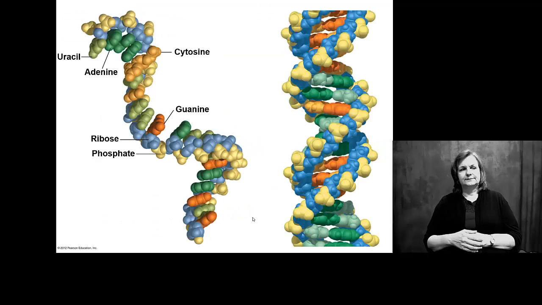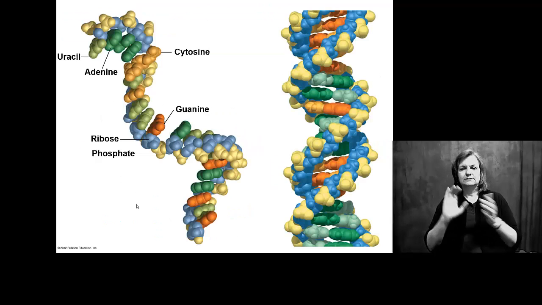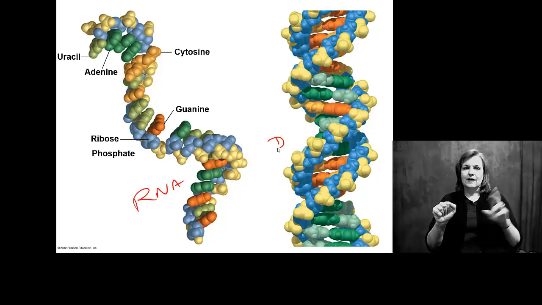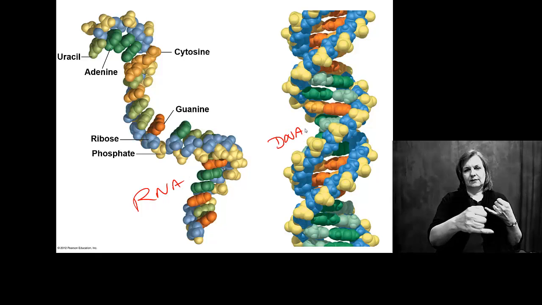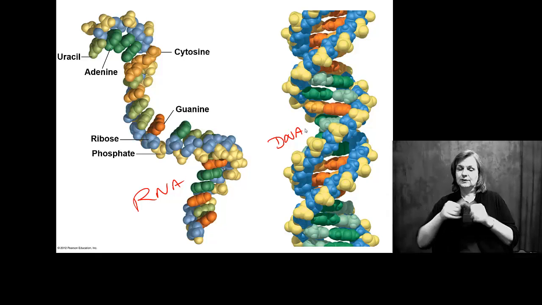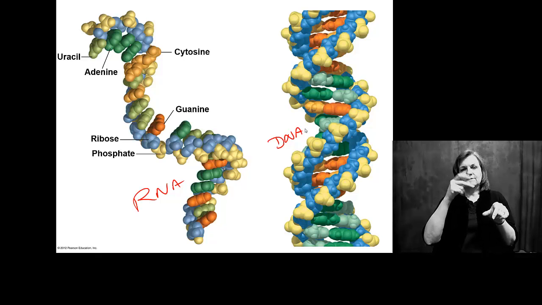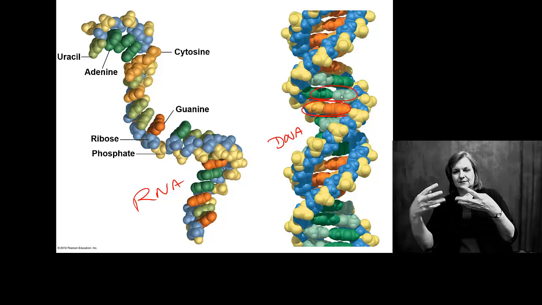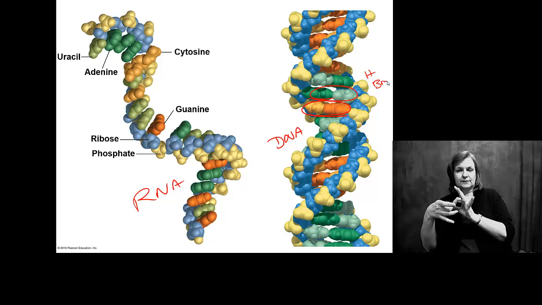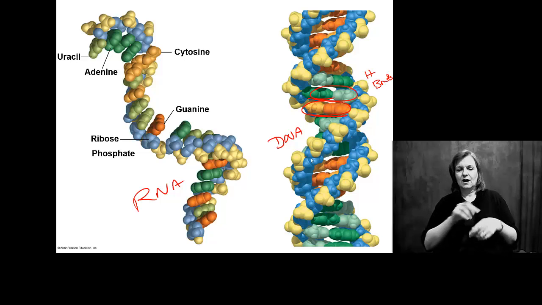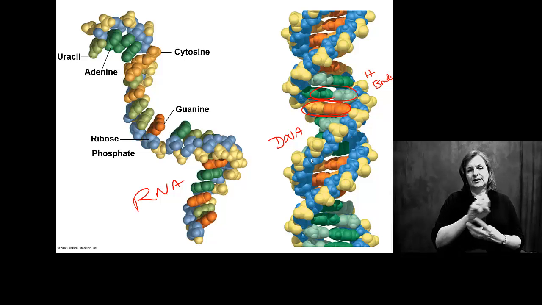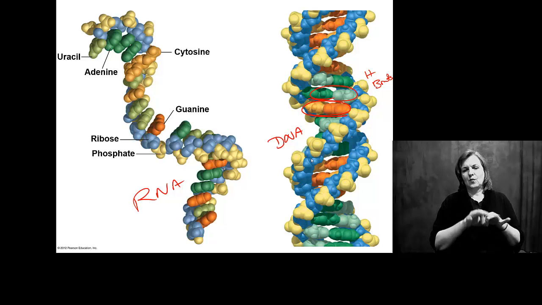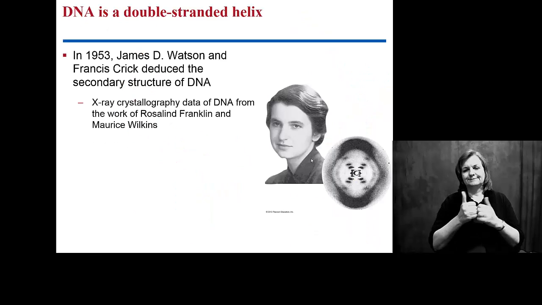So this is what RNA looks like compared to DNA. Single-stranded versus double-stranded, but we still have a sugar phosphate backbone in both cases, and we still have bases that are pointing, in the case of DNA, towards the middle, and are going to attach to each other with hydrogen bonds. And with our RNA, of course, the nucleotides are free and open. This is important later on when we start thinking about the process of protein production.